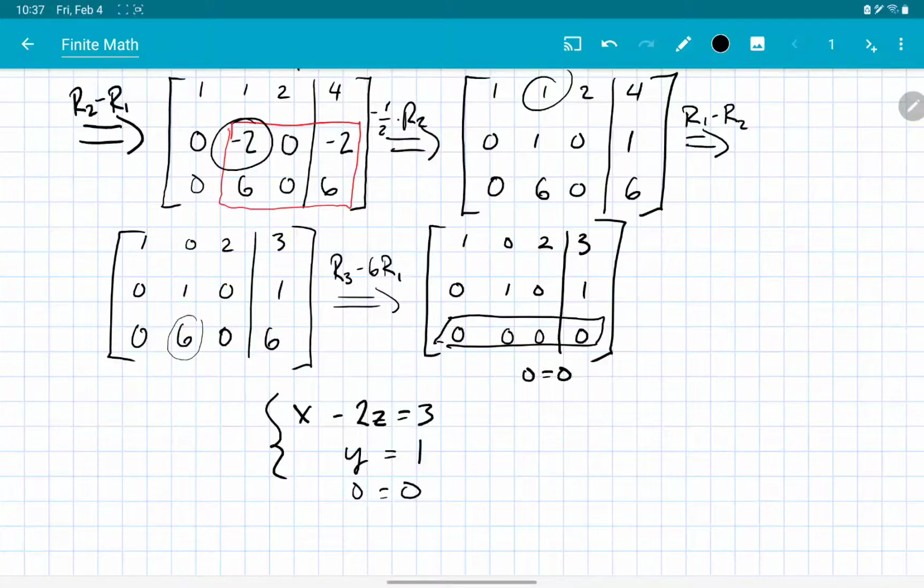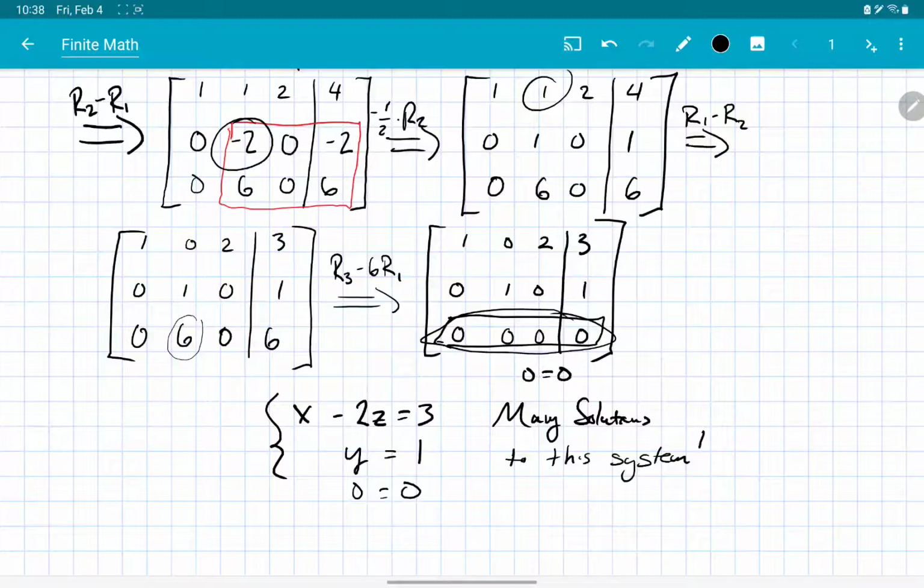Okay, we already knew 0 was 0. So what's going on here? Well, when you get this row of zeros, this is a telltale sign that there are many solutions. There are many solutions to this system.